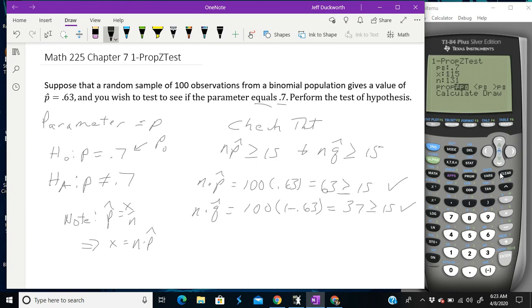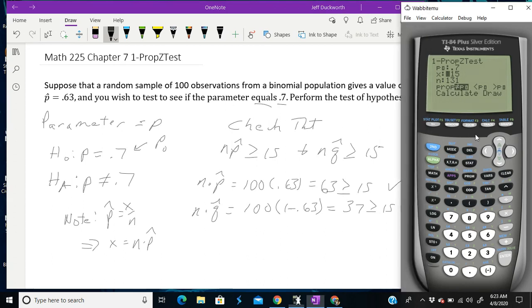And if you're in a situation where you were given a rounded p hat, maybe there were 101 samples instead of 100 samples, then you could just multiply these to get x. So 100 times 0.63 gives us our 63. Again, if it was 101, that would come out to a decimal. You're going to need to round that to the nearest whole number in order for this to work, because you can't have a part of a person. n is 100.